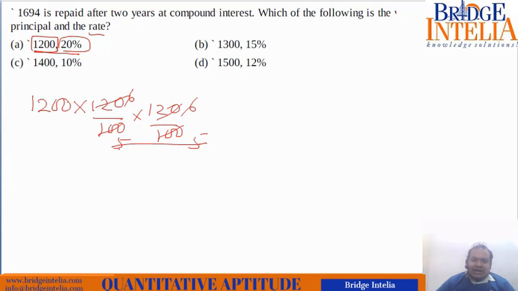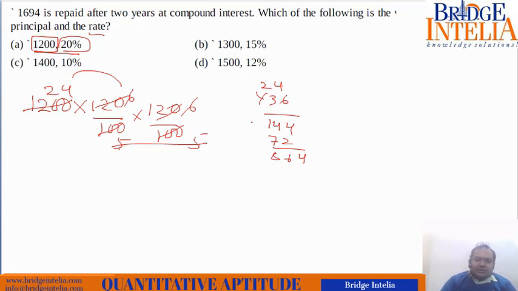So 24 into 36. So is that equal to 1694? So no, this is not equal to 1694.